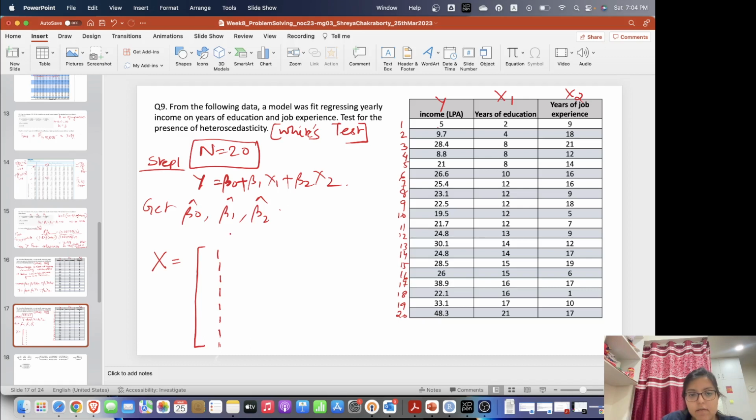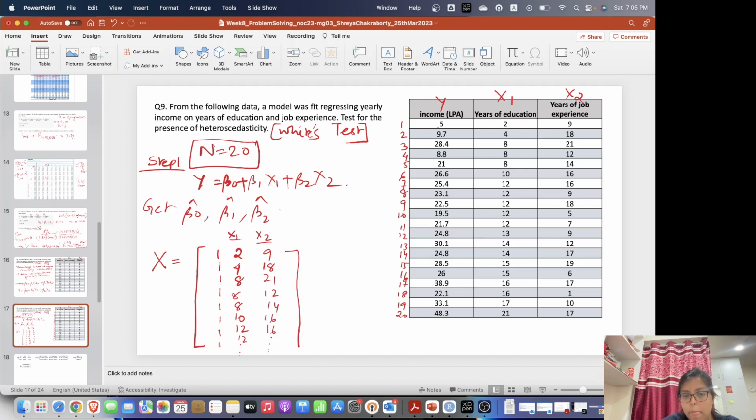Then we are going to fill up the x1 column. So here I would have 2, 4, 8, 8, 8, 10, 12, 12 and so on, whatever is there. And then I'm going to fill up column x2. That is 9, 18, 21, 12, 14, 16, 16 and so on.